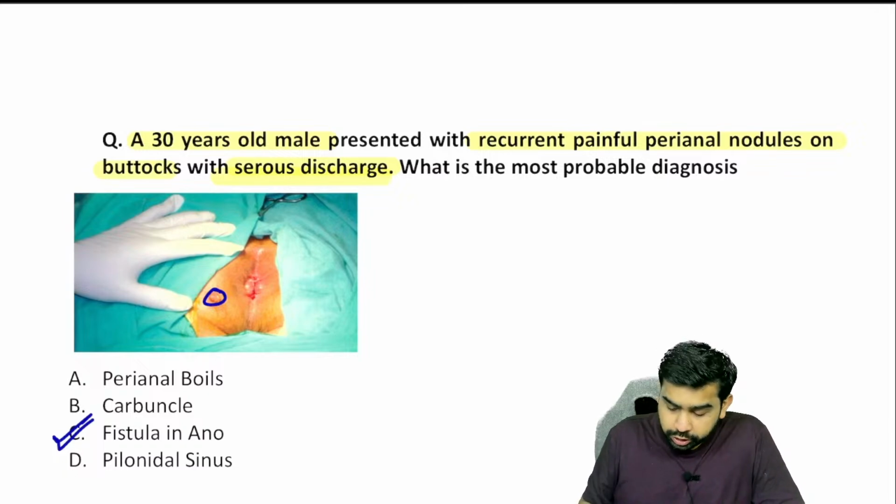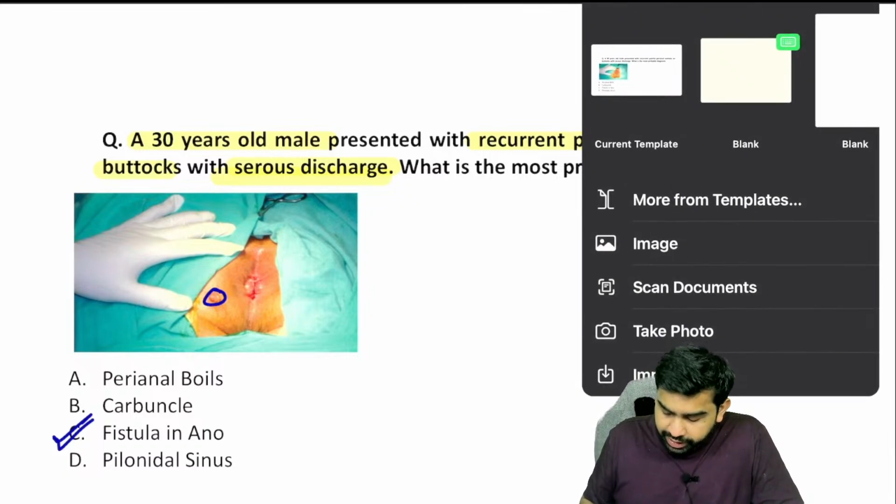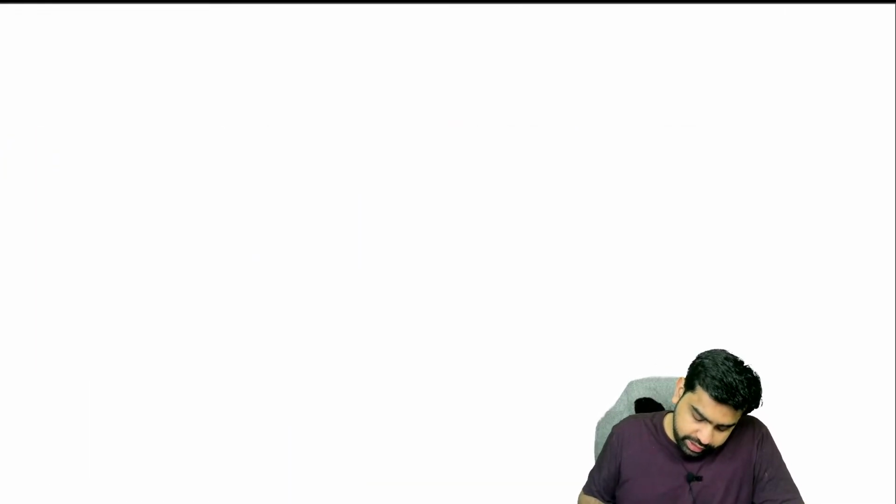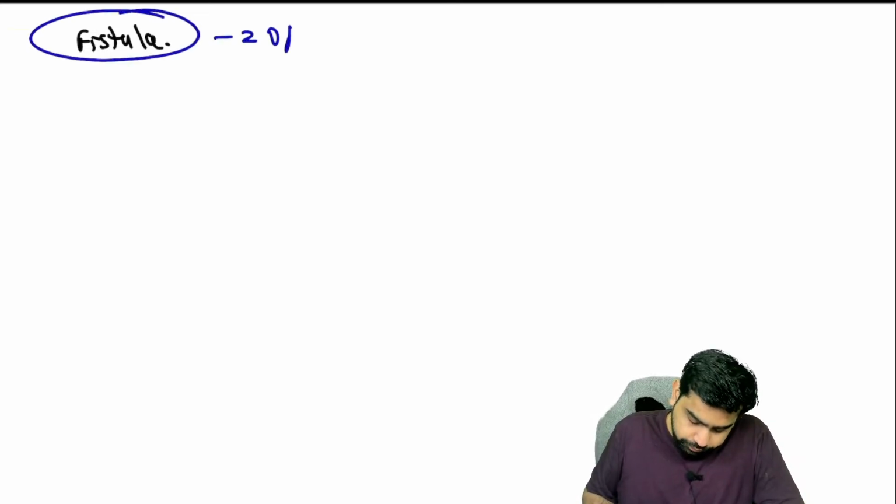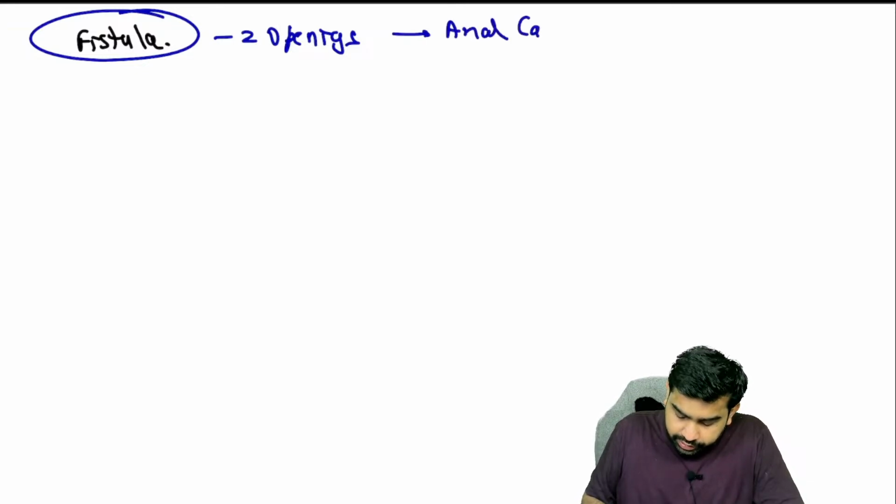So what do you understand by a fistula? Fistula basically means that there are two openings. One is in the rectum or anal canal, and the other opening is in the skin.